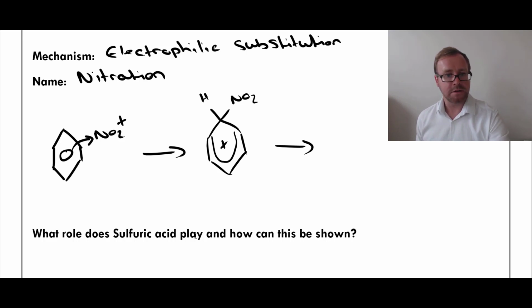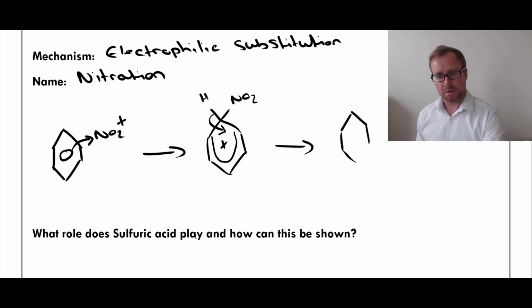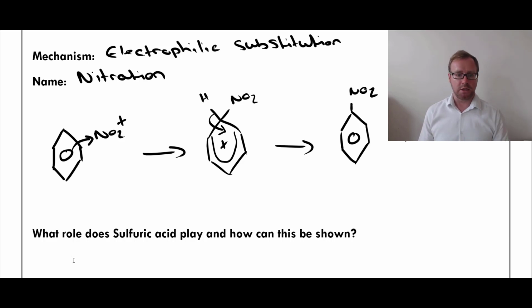Now to reform this ring, we take the electrons from the H to C covalent bond and put them back into the ring, and therefore I have substituted in a nitro group and I have taken out a H+. Okay, pretty simple so far. Yeah, you have to remember this in detail though, don't get these things wrong.